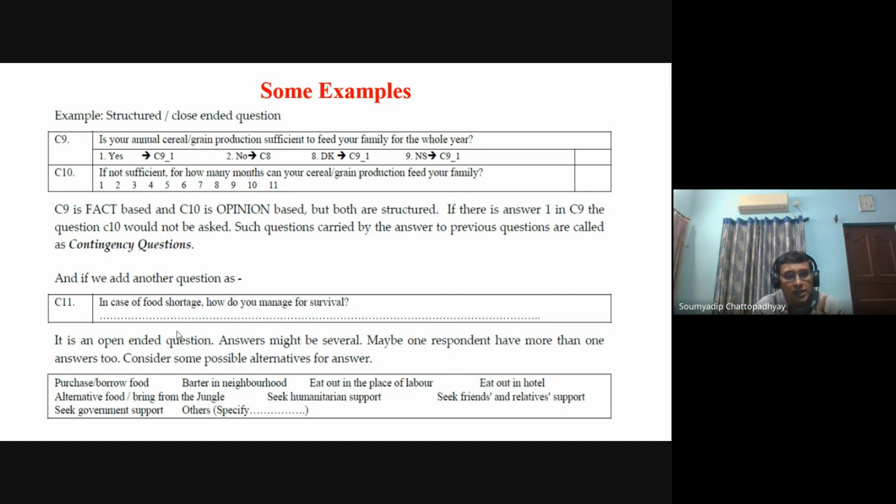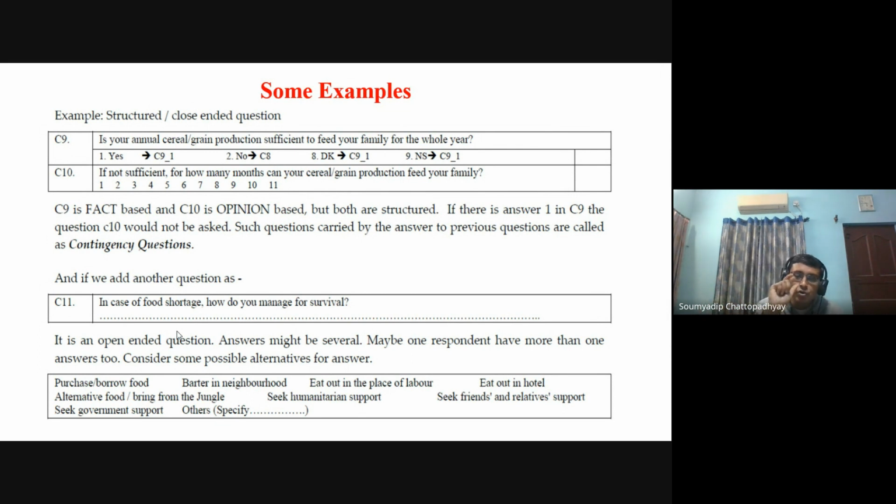So in both cases, if you decide to keep the answer to this particular question open ended, then definitely you should be careful about making proper classification to analyze the responses of the respondents.